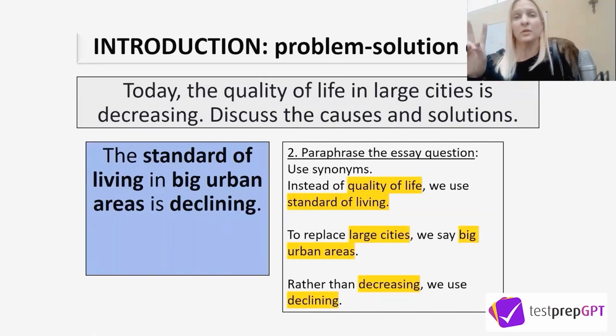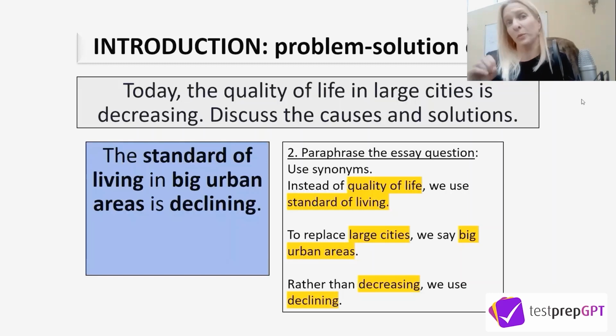Now, number 2, we have to write the second sentence. We need to paraphrase the essay question. So if we look back at the essay question, today the quality of life in large cities is decreasing. So we have to paraphrase this. So what I've written here is I've written the standard of living in big urban areas is declining.